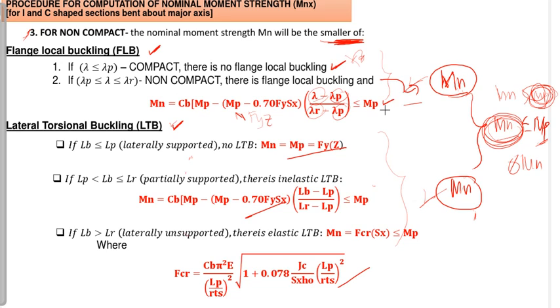Okay? So, you have to familiarize yourself kung saan gagamitin yung mga equation, yung mga formula na binigay natin. Okay? So, ang pagkahaba-haba ng analysis natin for flexural members, ang importante dito is alam nyo kung saan nyo gagamitin yung mga variables natin. Kung alam nyo kung anong gagamitin na equation sa compact, non-compact, if yung laterally supported, partially supported, and laterally unsupported.